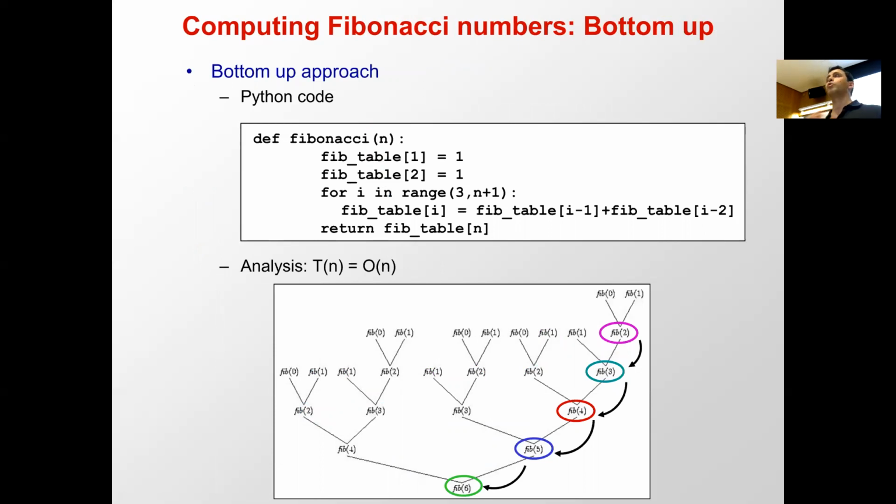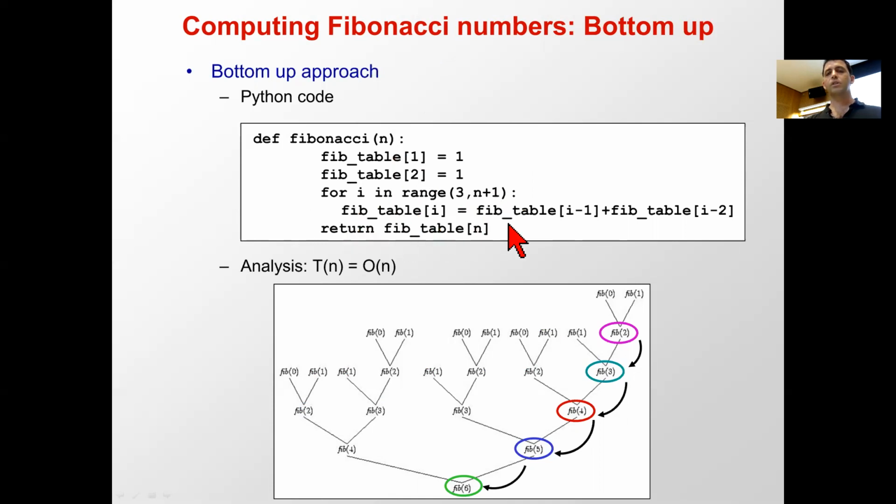If I'm asked to compute Fibonacci of n, I'm not just going to give you Fibonacci of n, I'm going to give you all of the Fibonacci numbers all the way to n. And that's going to cost me much, much less than simply computing Fibonacci of n, by filling out a table systematically of Fibonacci of 1, Fibonacci of 2, and then all the way to n plus 1, because Python is weird and ends there.